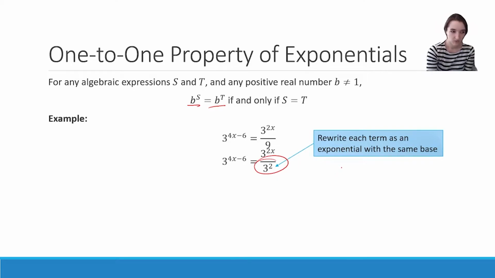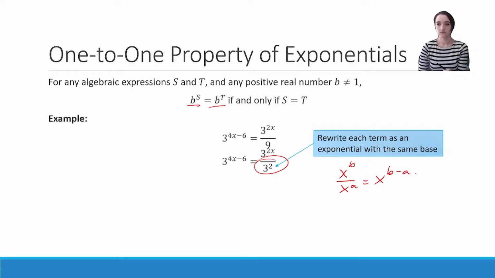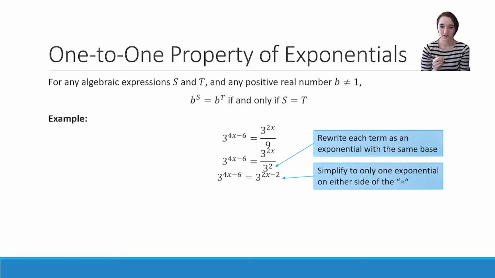Our exponent rule for division says that x to the b over x to the a is equal to x to the b minus a. So we take 3 to the 2x over 3 squared, and we just turn it into subtraction. So 3 to the 2x minus 2.